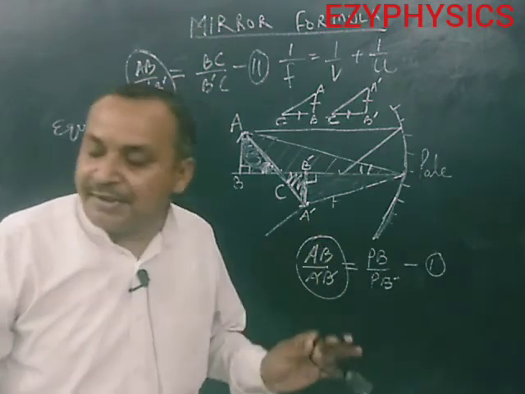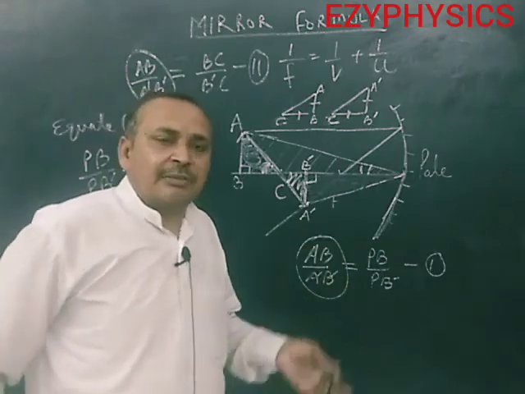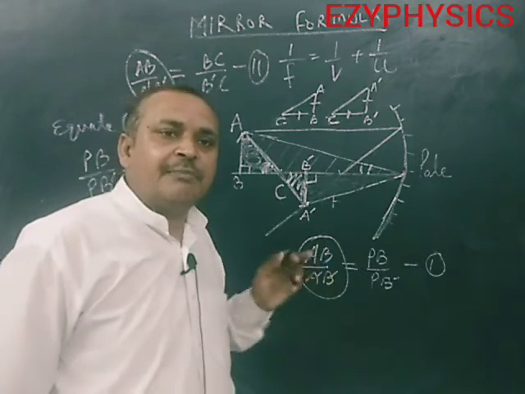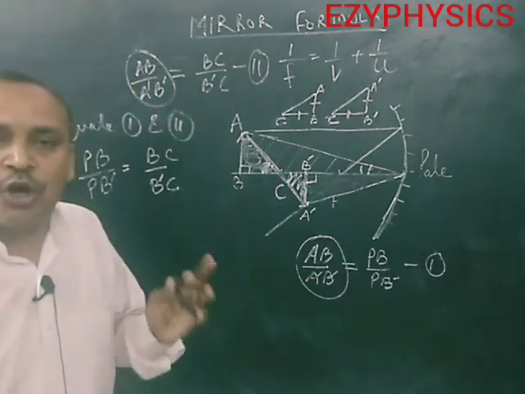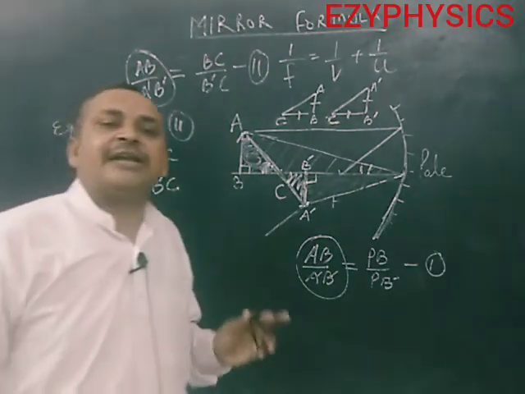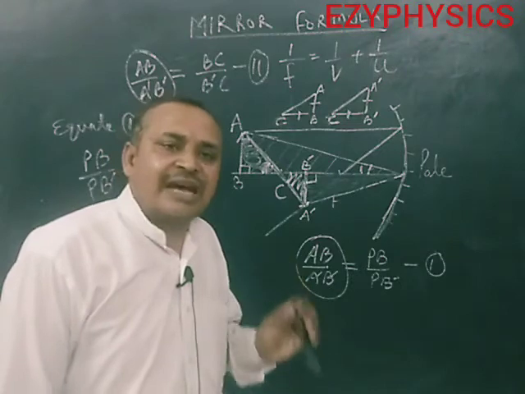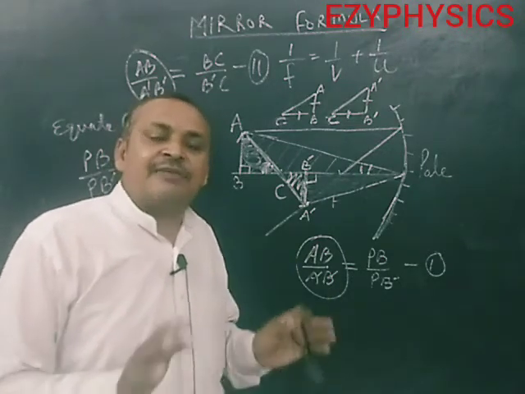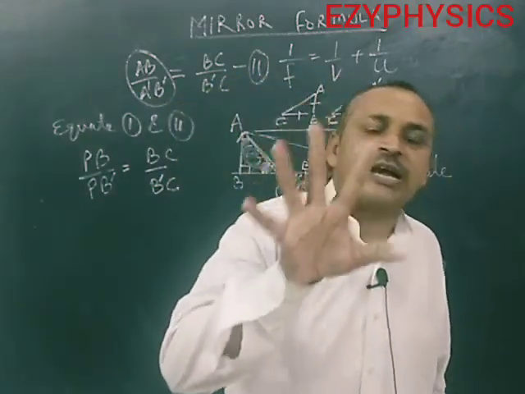Dear friends, now comes the most important part of the derivation. We have already learned these concepts in our previous class, but practical implementation is very, very important. And that is the use of proper sign convention. Our sign conventions, if you remember, there are 5 basic sign conventions.